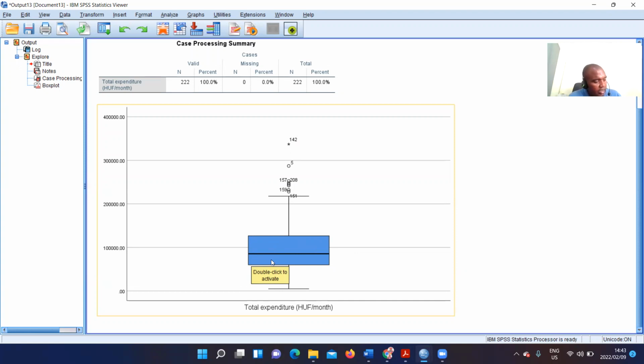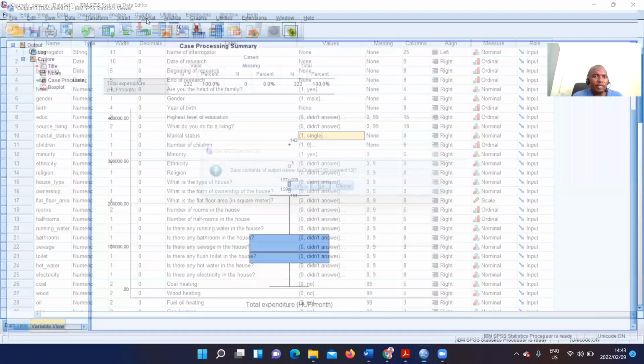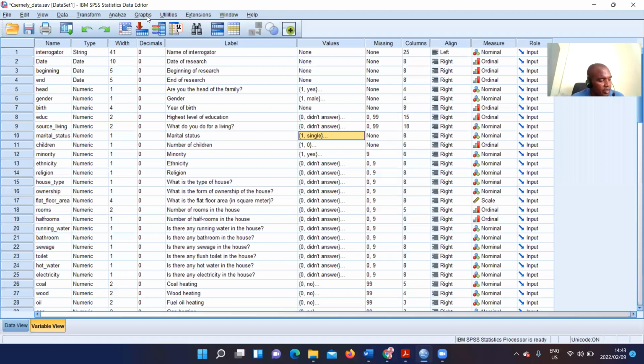The box plot can also be defined in terms of household clusters. You can define your box plot in terms of total expenditure characterized by the type of heating.